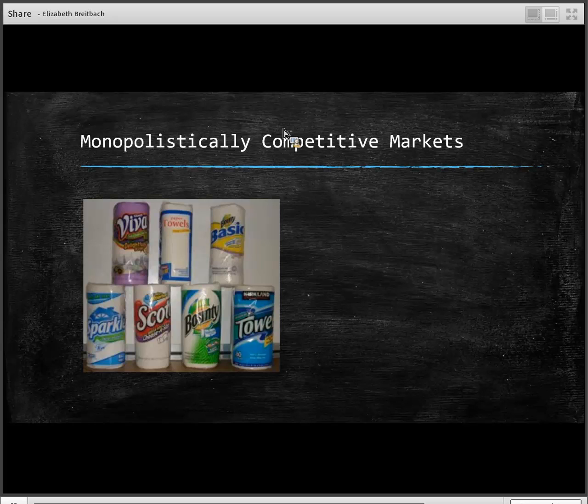Walmart, Target, all of those places I can go buy a computer. But not all of them provide the service of the Geek Squad. And so Best Buy tries to differentiate themselves from others, saying you should pay more for a computer at Best Buy, even though you can buy the same one at Walmart, because if your computer breaks, we'll send somebody out to fix it. It's that customer service that they're trying to use to differentiate their product.